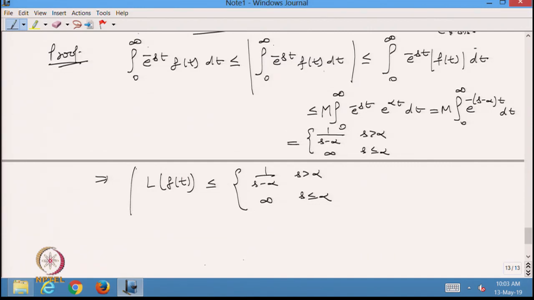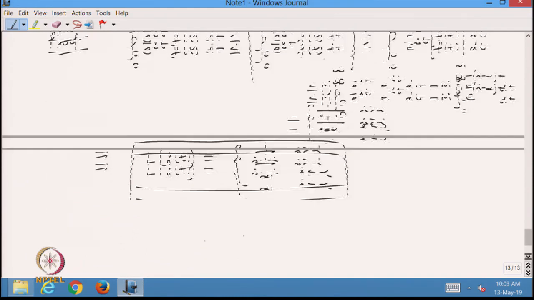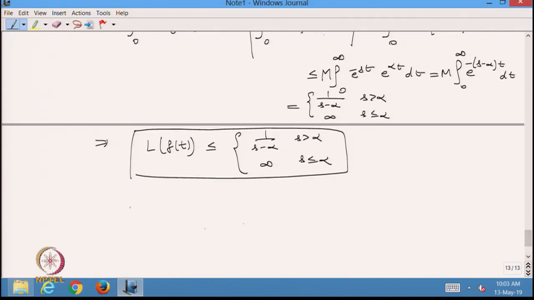So, that is the existence of the Laplace transformation of the function f(t). And one more thing I can observe from here: if I choose this equal to F(s), and s is greater than alpha, where alpha is any positive number.